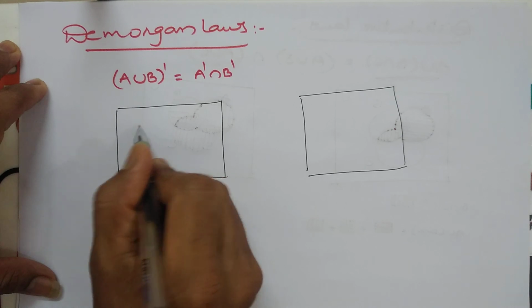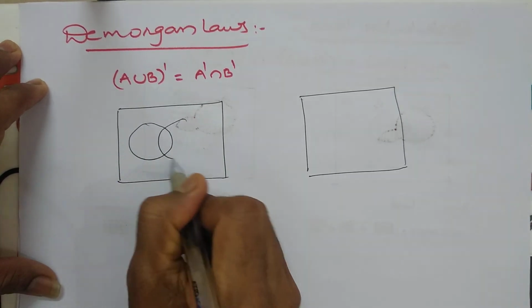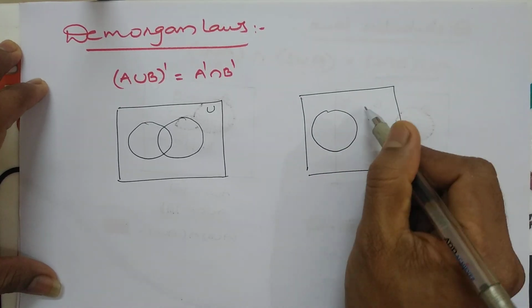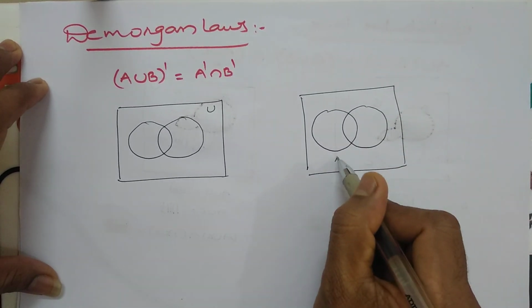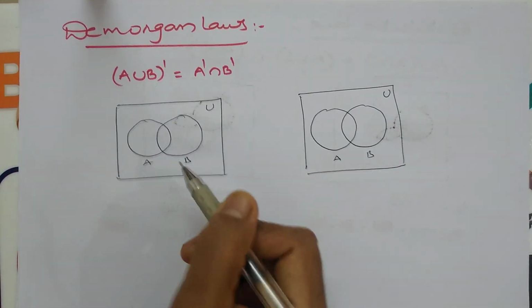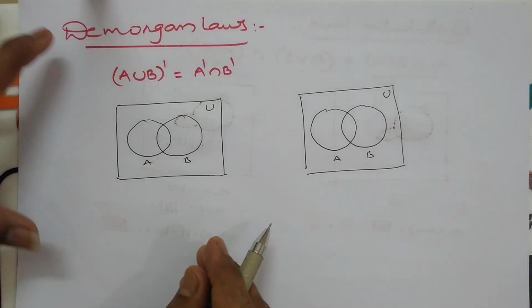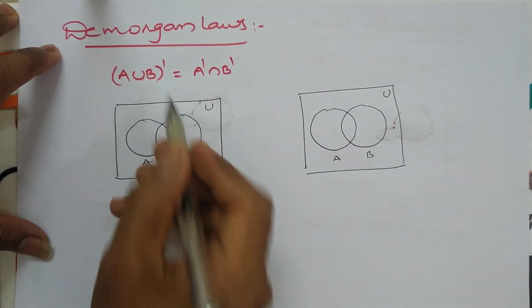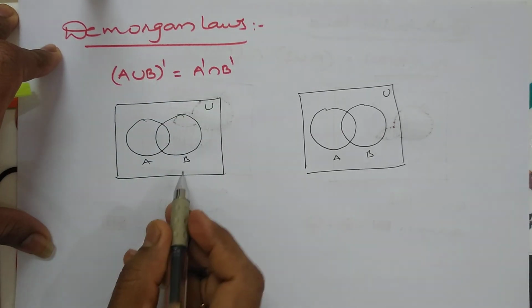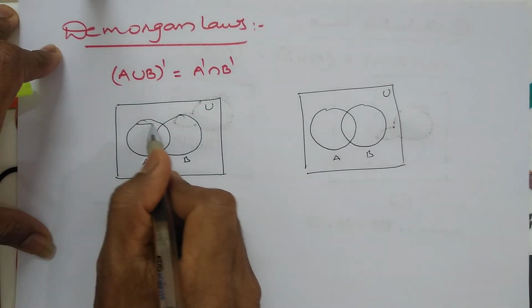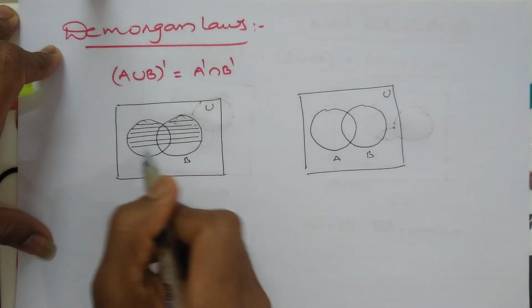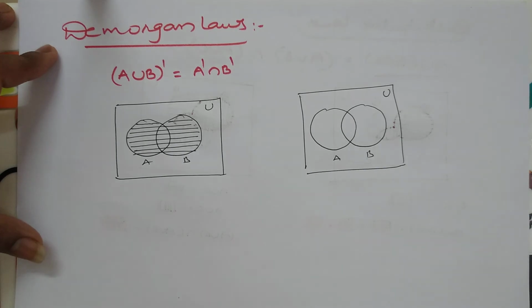A, B, universal set. First, what is there in the bracket? First I am drawing this A union B. First you draw A union B.